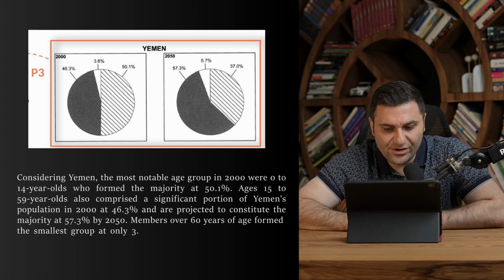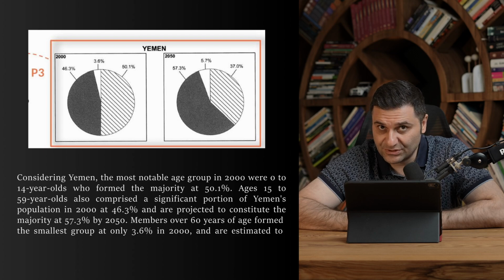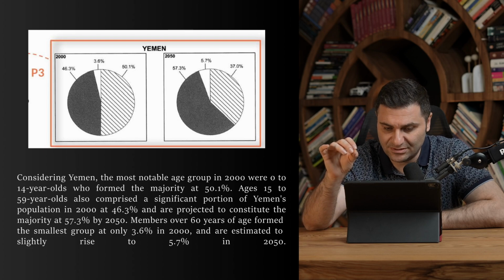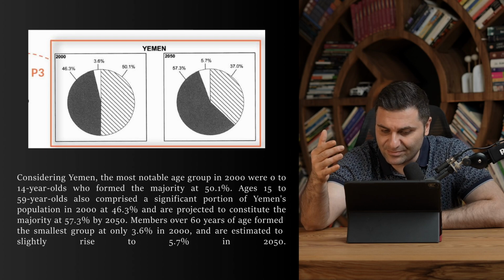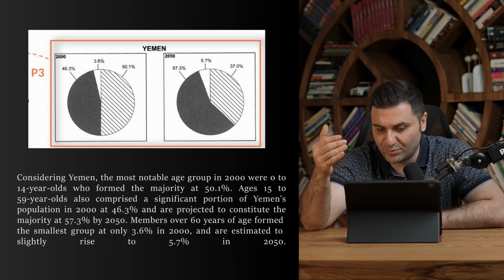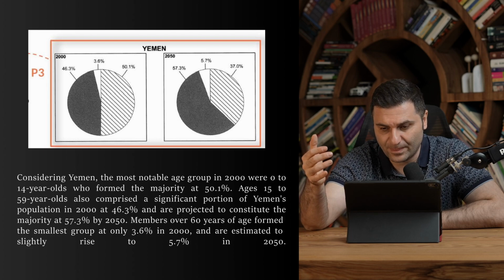Members over 60 years of age formed the smallest group. So as you can see, that was the smallest group at only 3.6% in 2000 and are estimated to slightly rise to 5.7% in 2050.